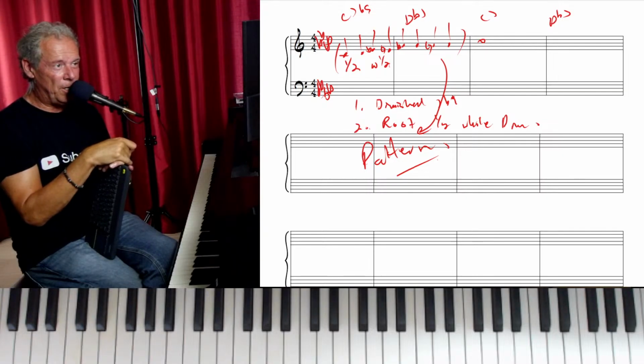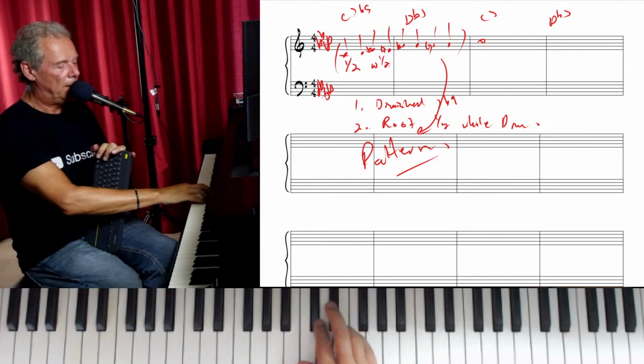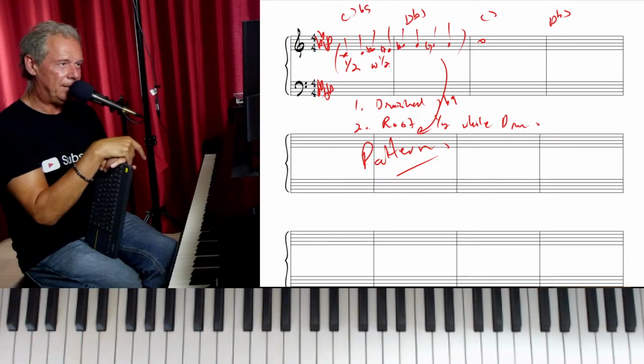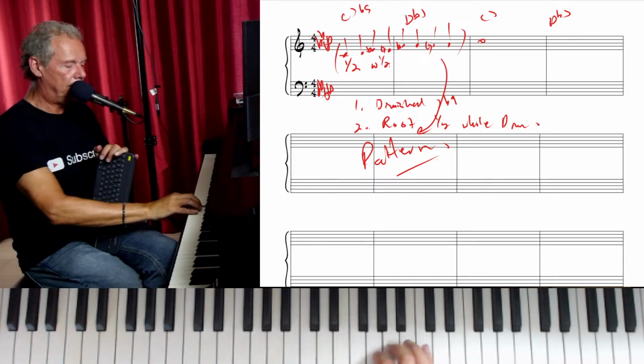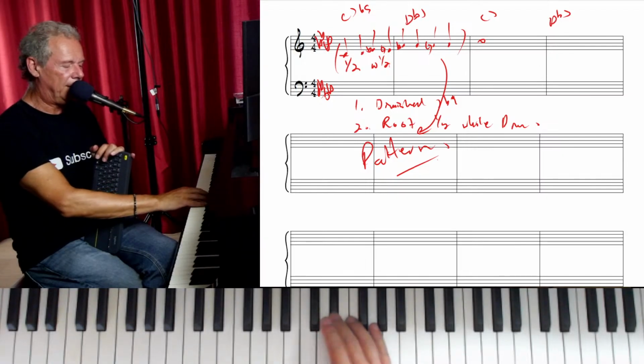"Starts the same 4 notes, but then goes up in whole tones." No. I don't know which one you're talking about, diminished or altered dominant. That's like a whole tone scale, really.